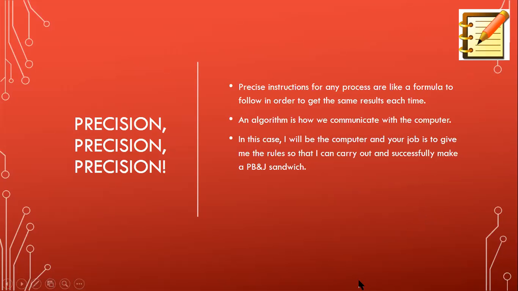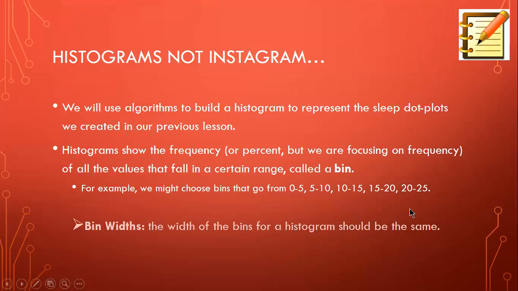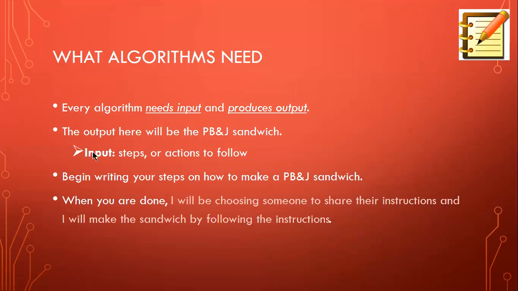All right. So, hold on. Sorry. Yes, you need, stop it. You need to get this down as well. Okay, so what do algorithms need? Every algorithm needs an input and then it produces an output. So you do something for the input and it has a result, right?